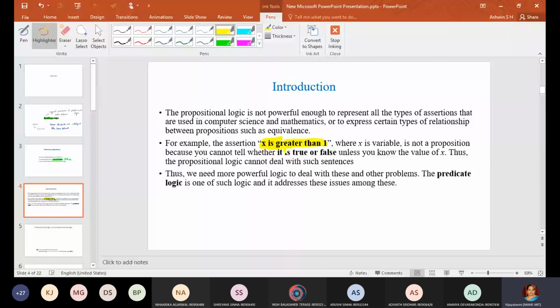We don't know the value of x. Unless you know the value of x, you cannot tell whether it is greater than 1. So in order to represent such statements, we need a more powerful logic. That's where predicate logic or FOL comes into the picture, and we use this logic to represent conditions of this type.